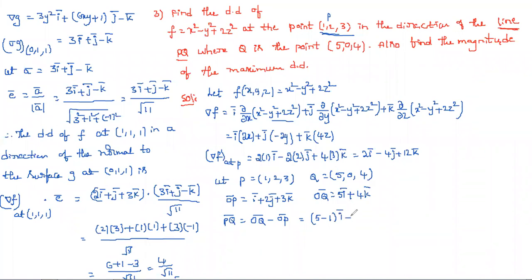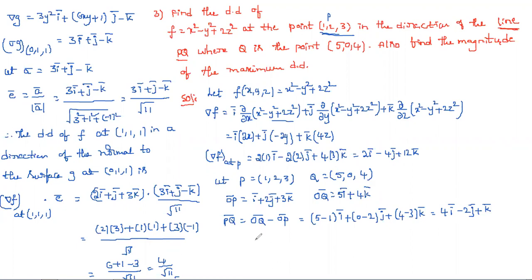Next, the j coefficient is 0 in OQ, and in OP it is minus 2 into j bar. And the k coefficients are 4 minus 3 into k. So simply we get 5 minus 1, which is 4i, minus 2j, and k. This is PQ bar.